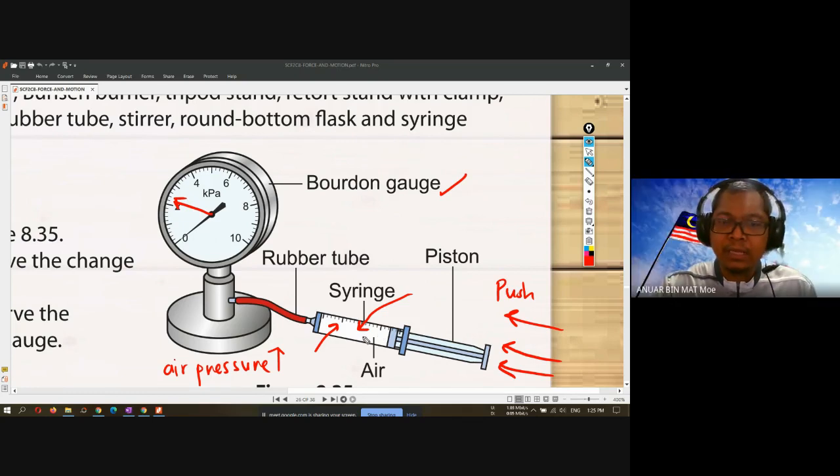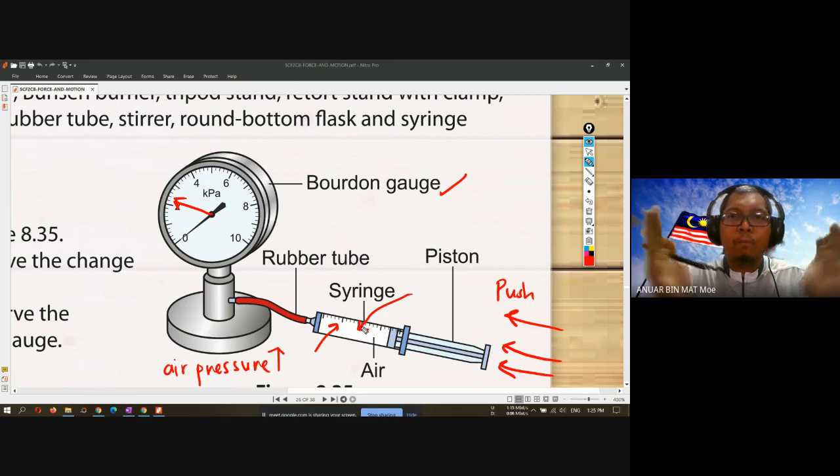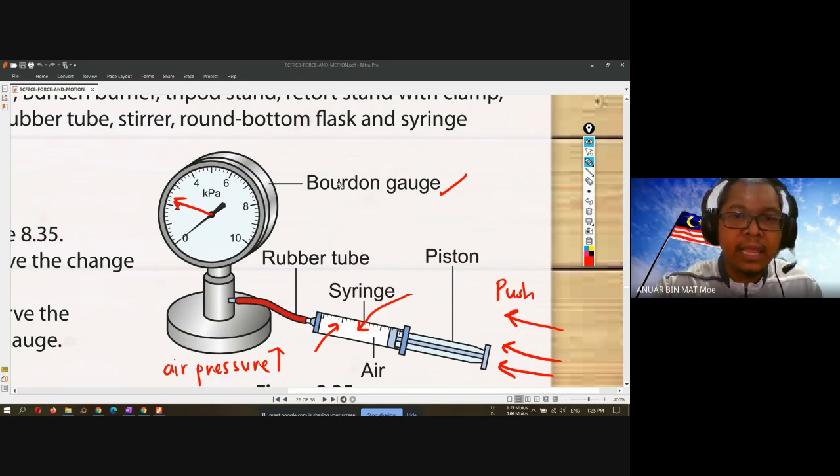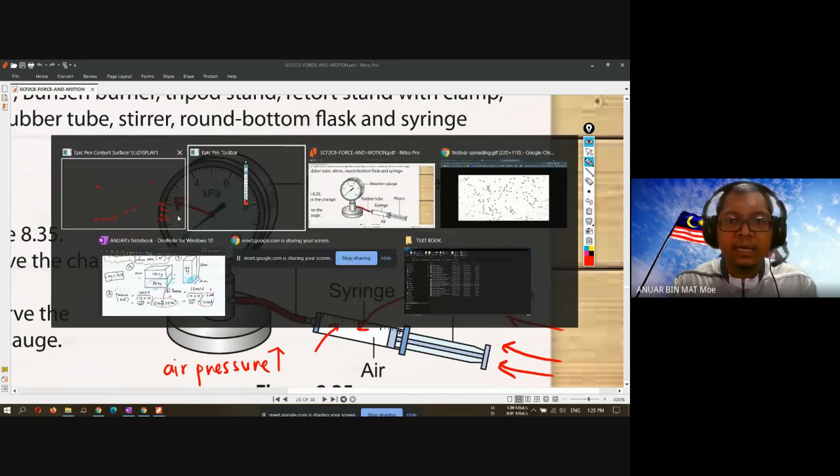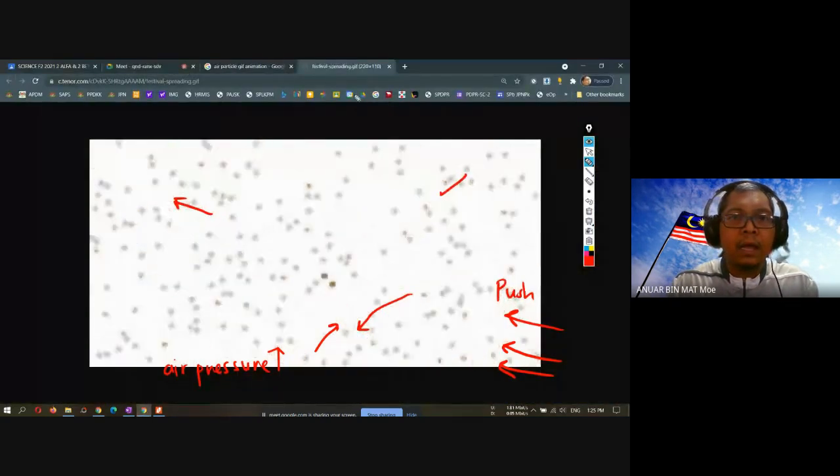The air pressure inside becomes higher because air is compressed. When air is compressed, air pressure will increase, and we can see at the Bourdon gauge here that it gives a reading, not from zero. The same principle applies when you have a bicycle pump.